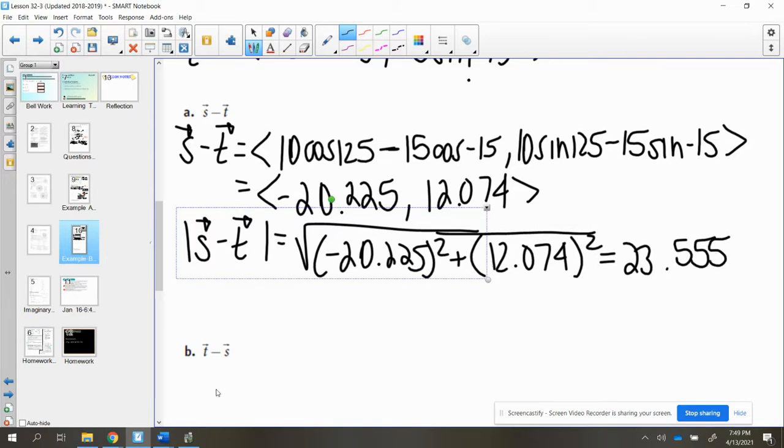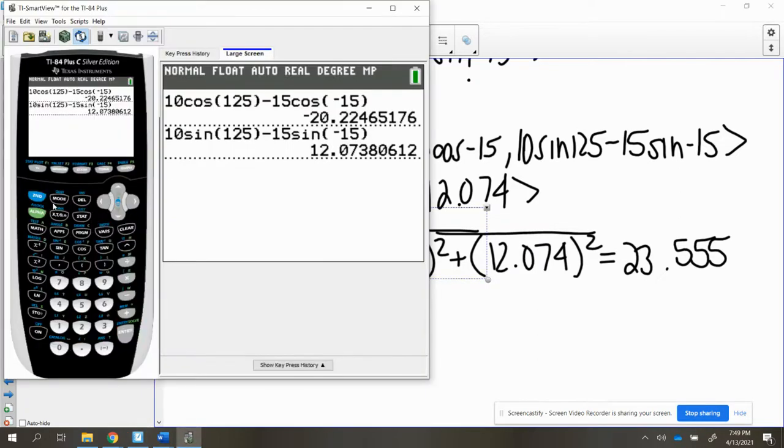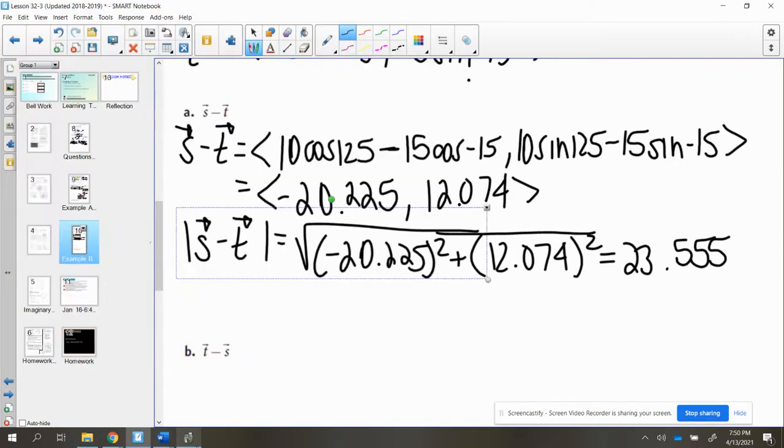And then when we look at cosine inverse, or excuse me, tangent inverse on this one, we have 12.074 divided by negative 20.225. And we see that our value is negative 30 degrees. Well, think about, again, location, location, location. You're going to the left and up. So your arrow is really going in the direction that's a quadrant 2 value, aka between 90 and 180 degrees.